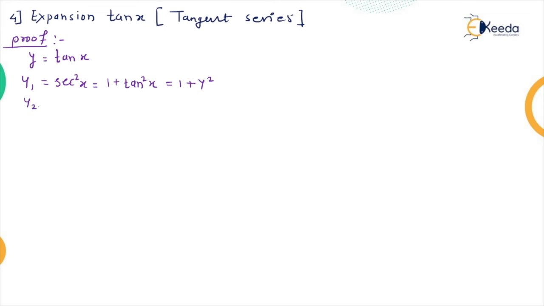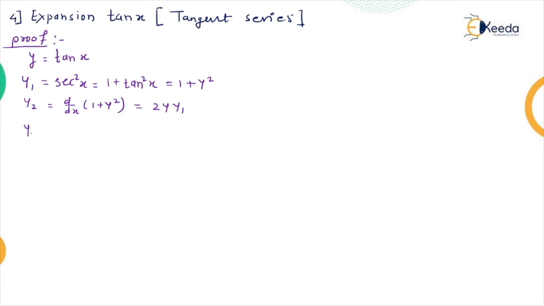Now we differentiate y1 with respect to x. So we get y2 as d by dx of 1 plus y square. The derivative of 1 is 0, and the derivative of y square is 2y into y1. So y2 is 2y y1.